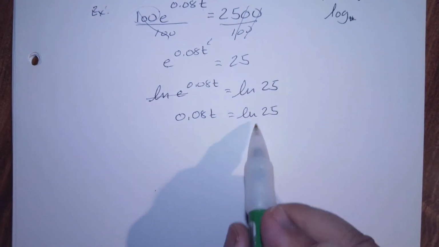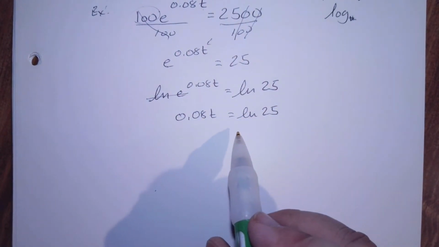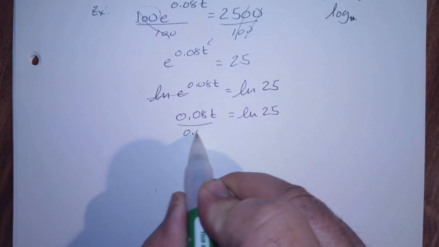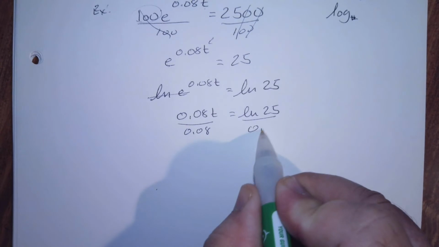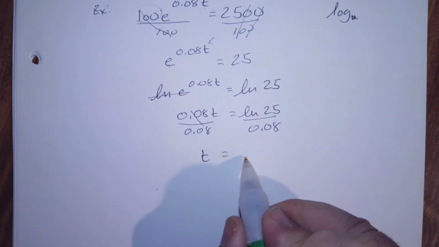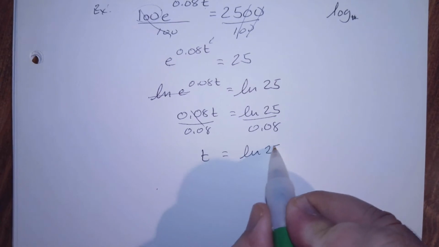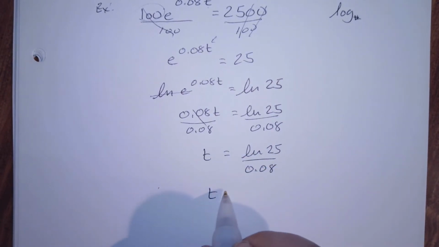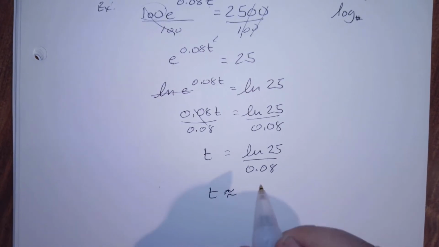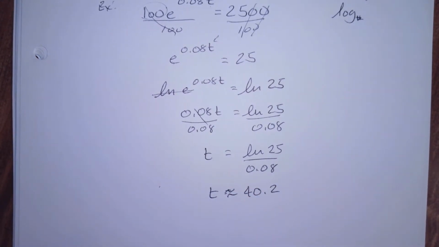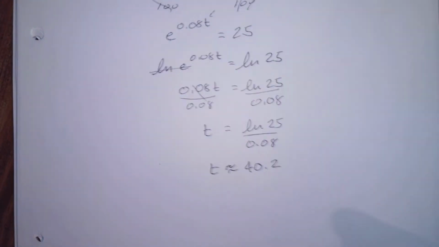The good thing is ln is one of the buttons on our calculators. Divide both sides by 0.08, so we have ln 25 divided by 0.08. Put it in your calculator and we get a number like 40.2. Alright, let's look at some more examples.